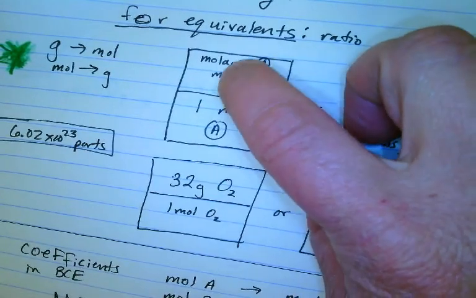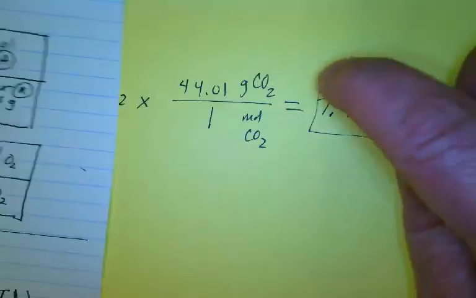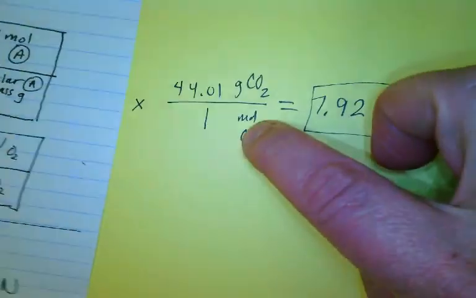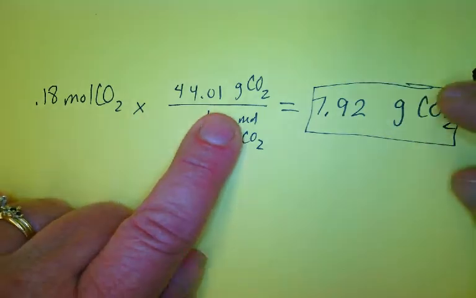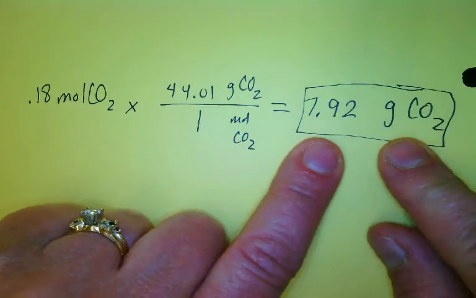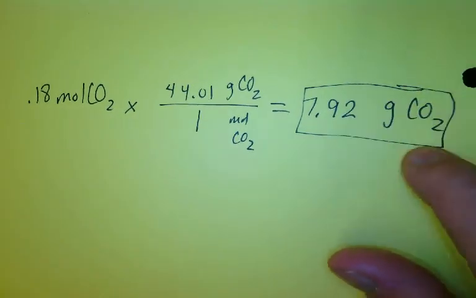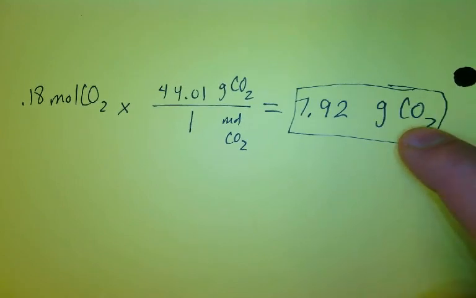I'm going to put the molar mass of CO2 on top, and 1 mole of CO2 on the bottom. So 0.18 times 44.01, and I get this many grams. And that's how many grams of CO2 gas I create from 6 grams of sugar.